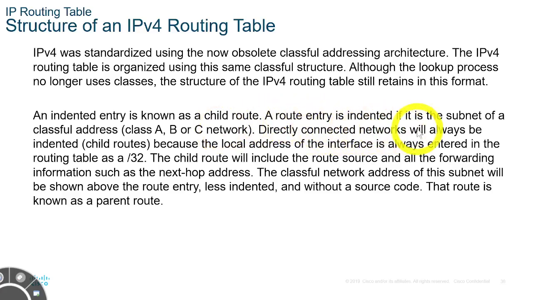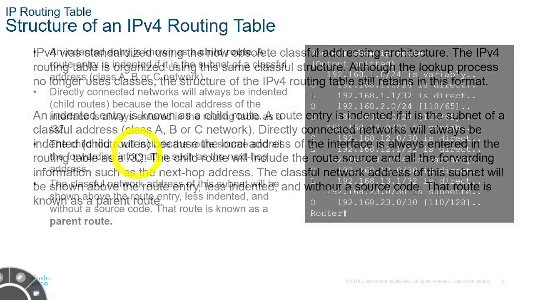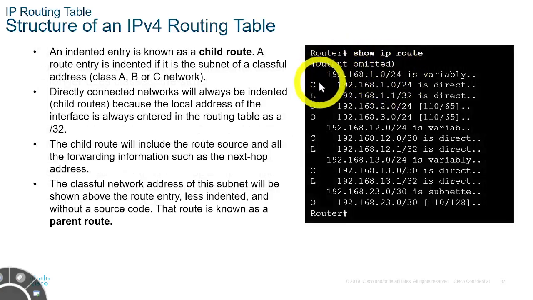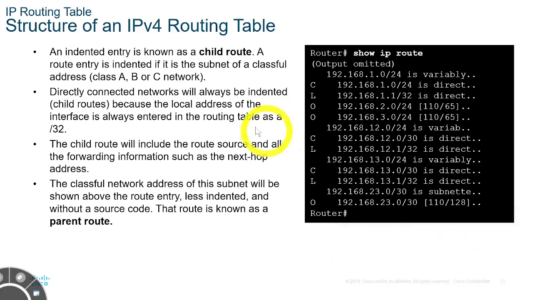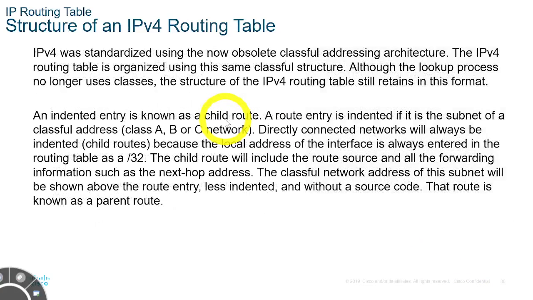So directly connected networks will always be indented, and they are child routes, because the local address of the interface is always entered in the routing table as a /32. So if we don't have a slash here, it means that we are in /32.